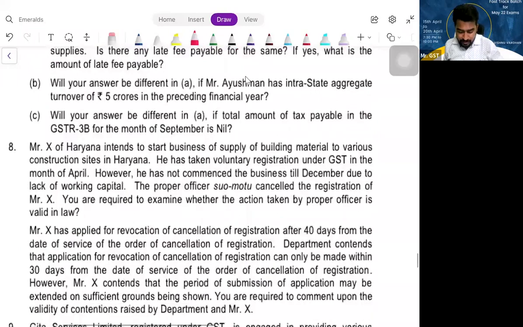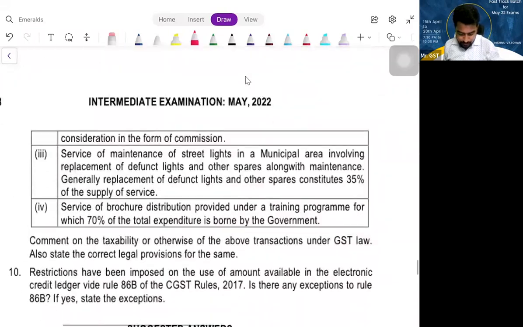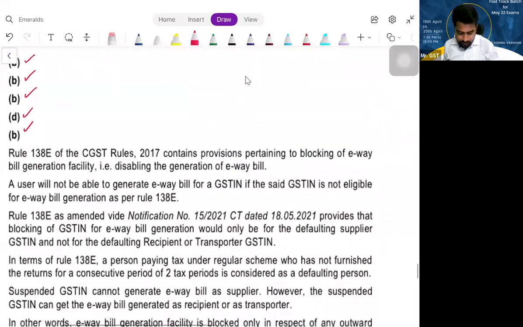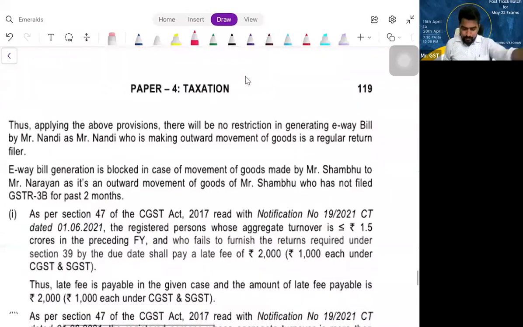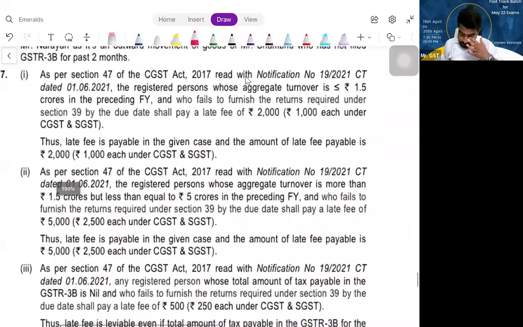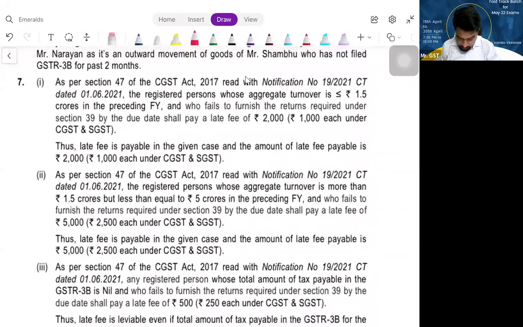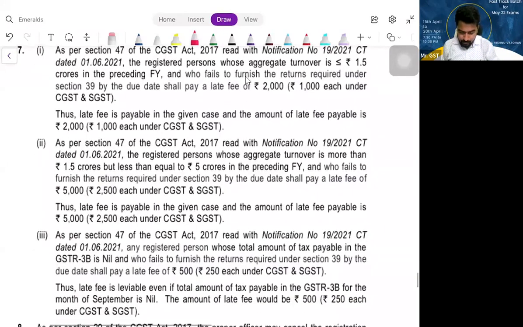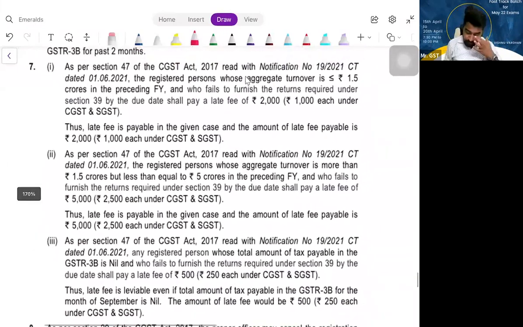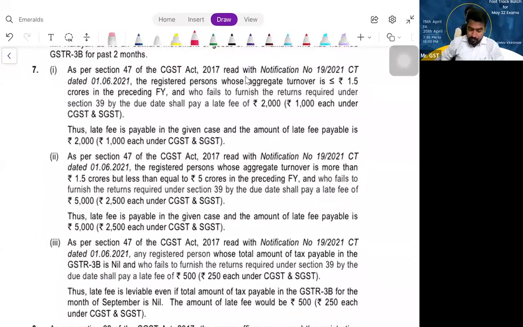So let us look at the answer. The registered person who is verified through the preceding financial year and who fails to furnish the return required under section 49.